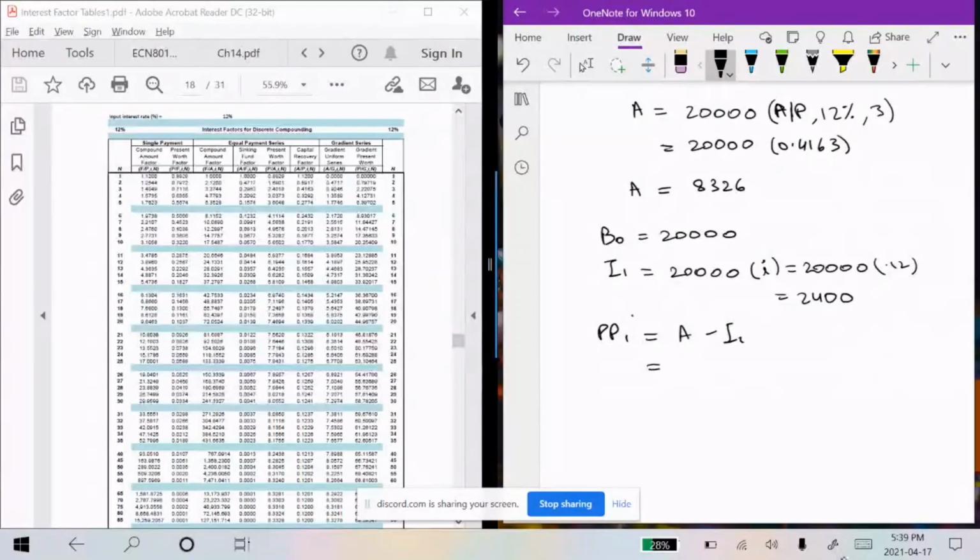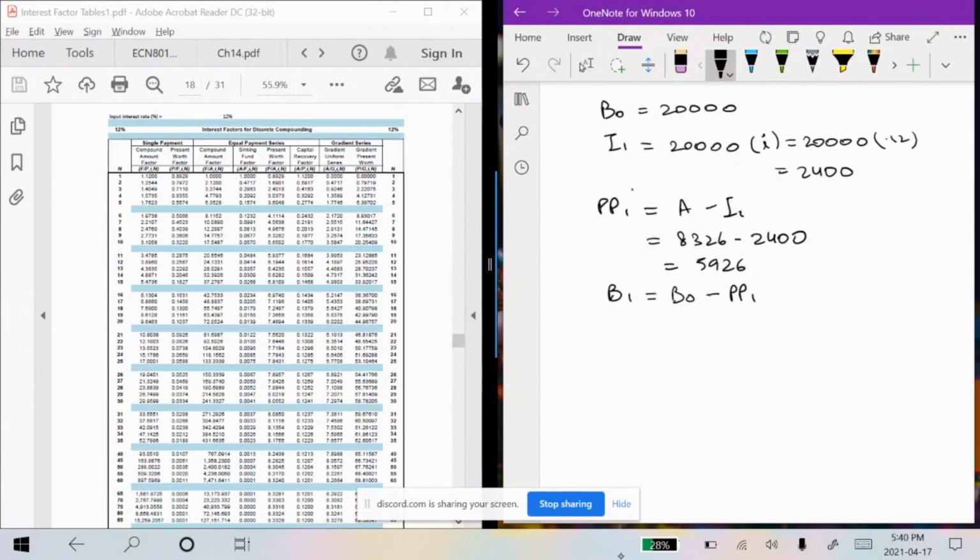So 8,326 minus 2,400. You get the principal payment as 8,326 minus 2,400, which is 5,926. Then the balance after the first period is going to be balance 0 minus principal payment 1. It's a pretty long process to fill up the whole table.